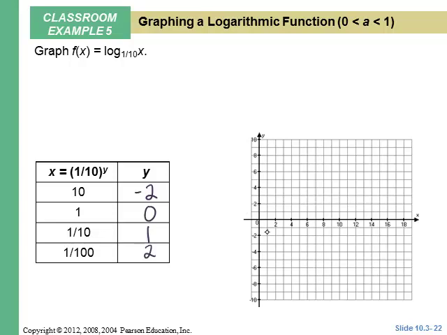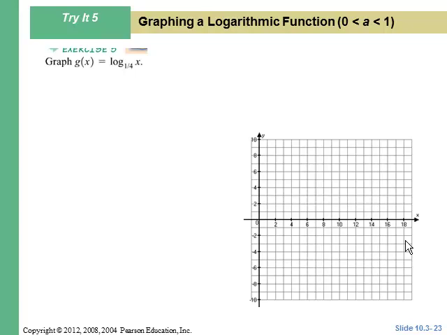Okay, so over 10 down 2, over 1 at 0, over 1/10 up 1, over 1/100th up 2. So it's going to graph like this, which leads us to, oops, you do this one.